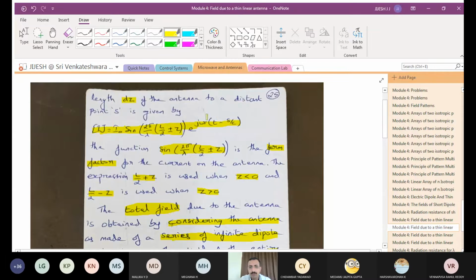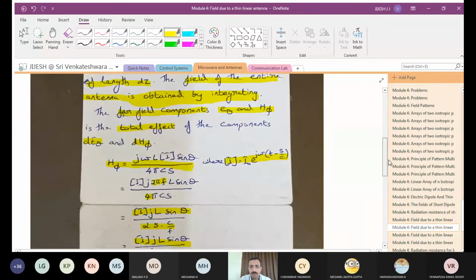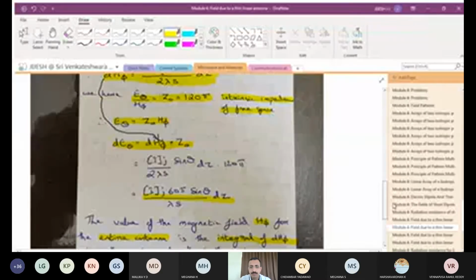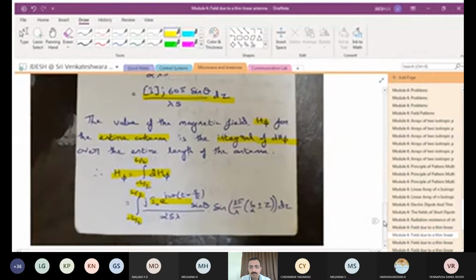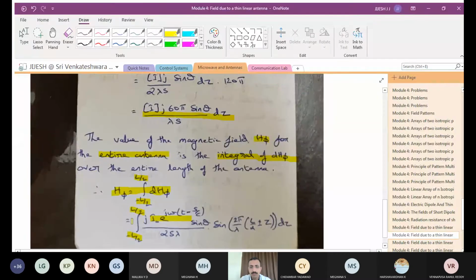So I has to be I naught sin of 2 pi by lambda times L by 2 plus or minus z, e to the power of j omega t minus s by c. So let me substitute that, and you get this entire equation.